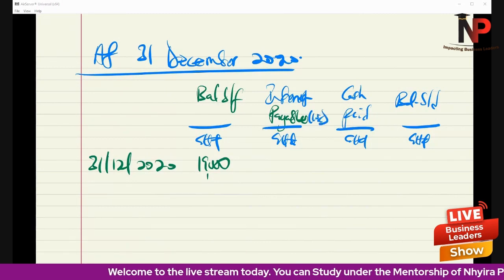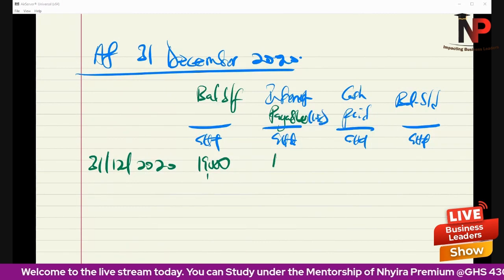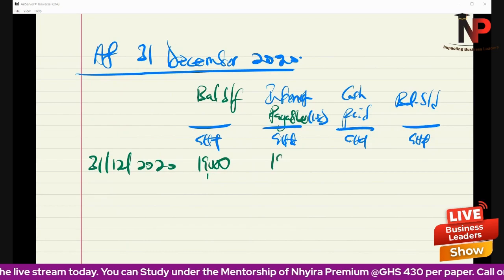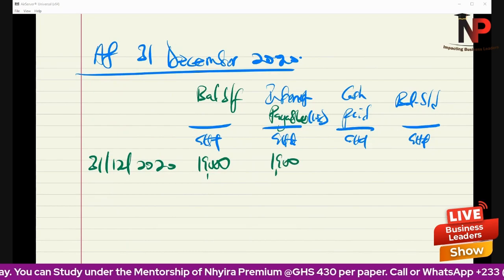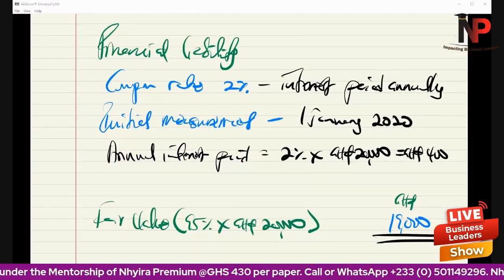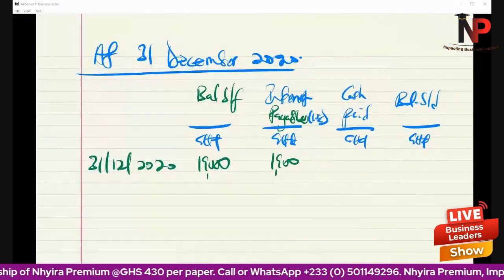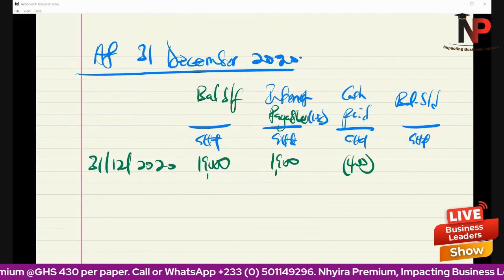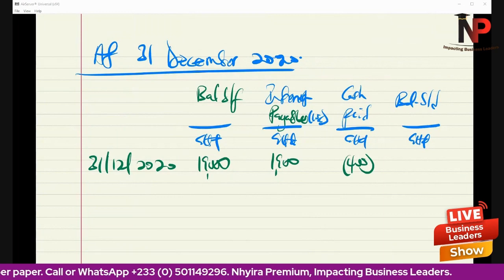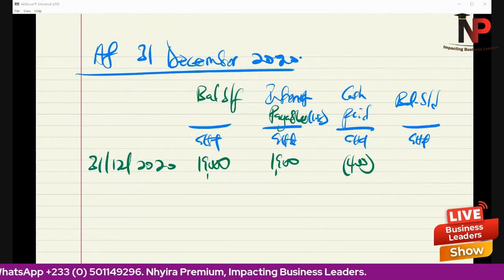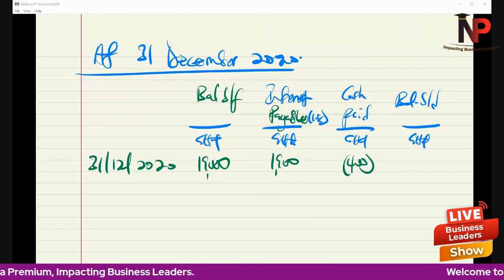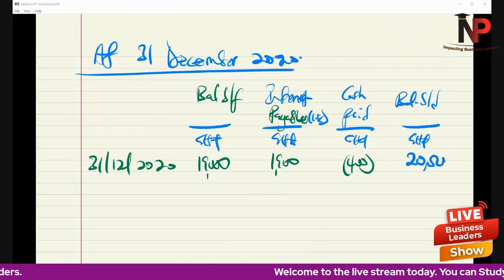We take 10% of 19,000, and that is 1,900. And then the cash paid, remember we said that is the annual amount they will pay, the 400. We subtract that, and that gives us the carrying amount. So 19,000 plus 1,900 minus 400, boom, that gives us 20,500.